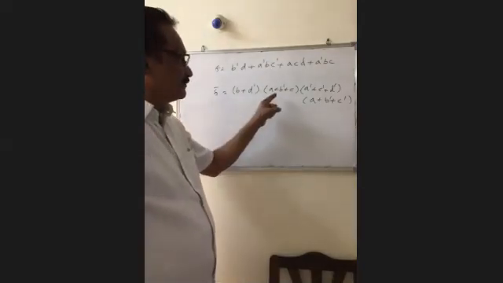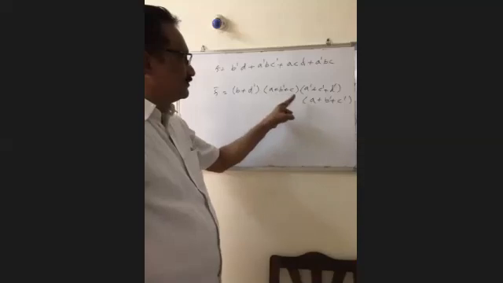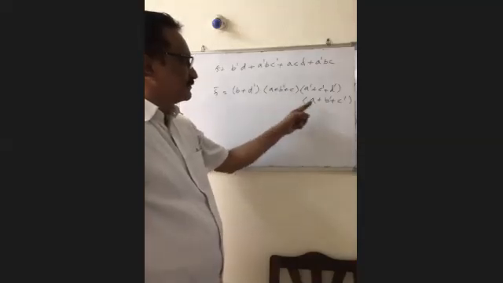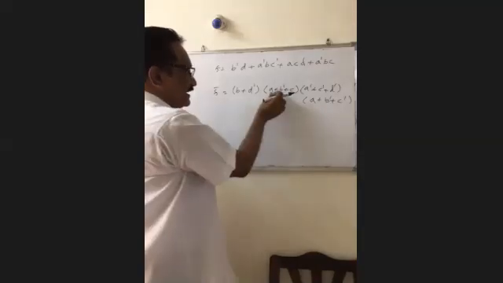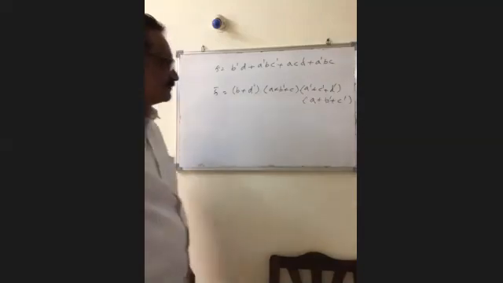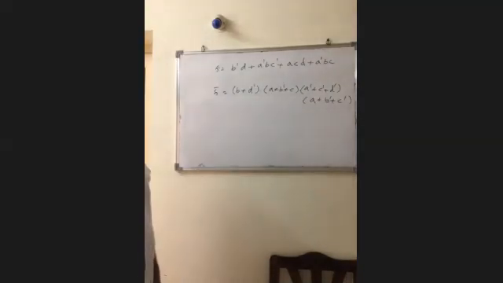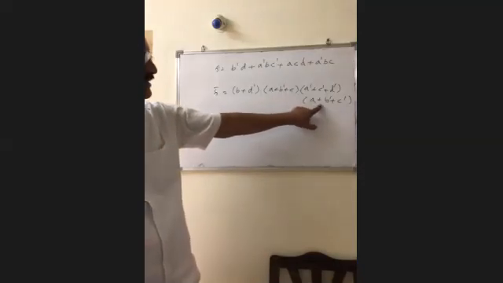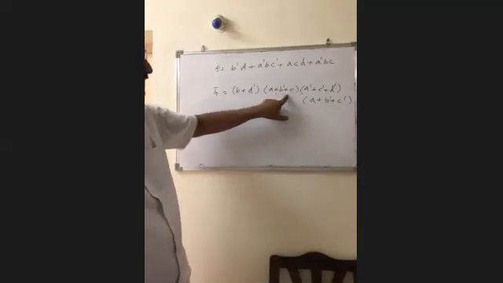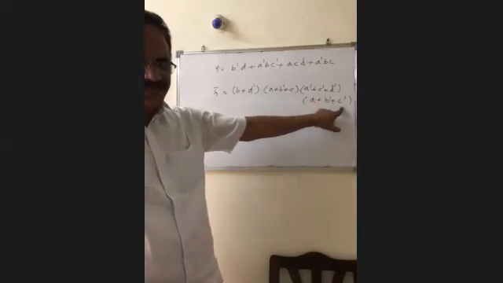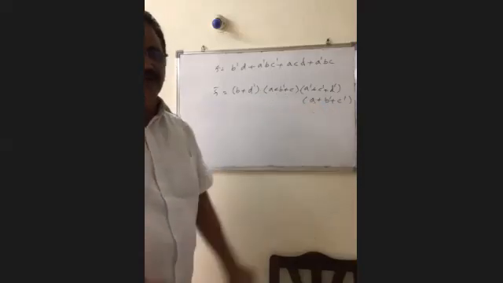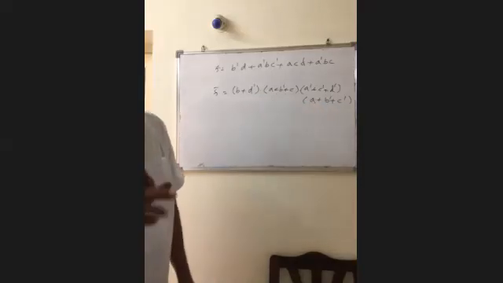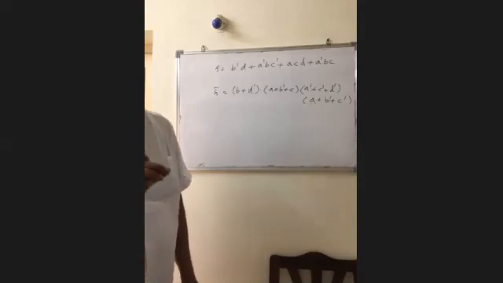Obtain the second and fourth terms. Let a plus b dash be the x in the second and fourth terms. So this one is x plus c and this one is x plus c dash. According to the transposition theorem, (x plus c) into (x plus c dash) is equal to x only.